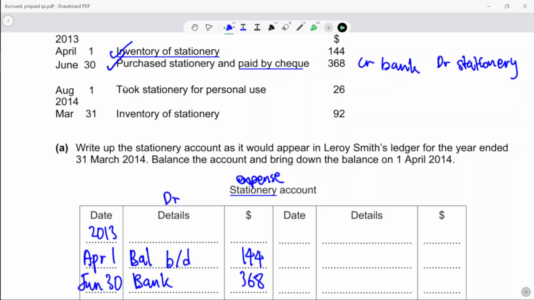Then continue. Stationery for personal use, so debit drawing, credit stationery.